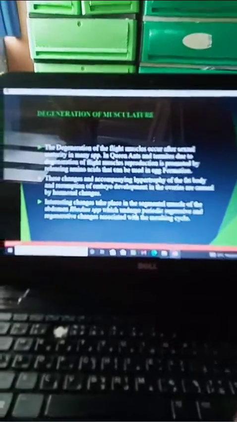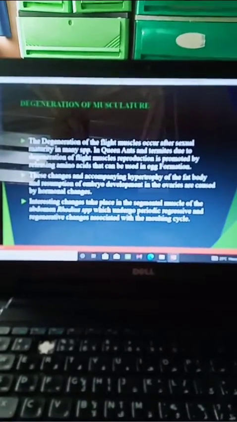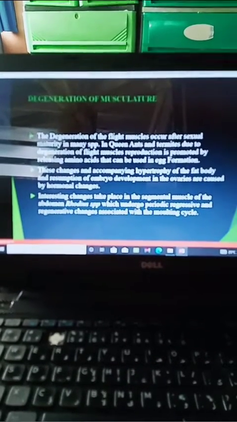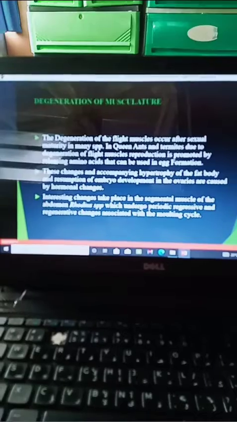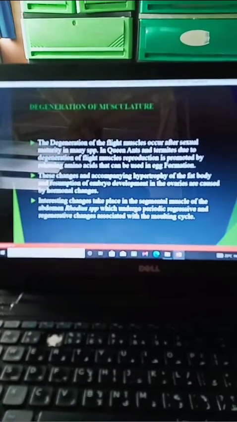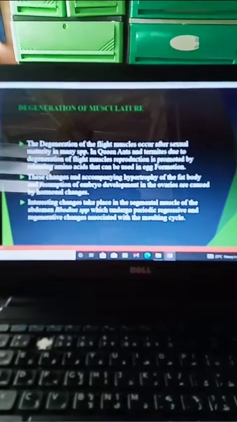Degeneration of musculature. The degeneration of flight muscles occurs after sexual maturity in many species. In queen ants and termites, due to the degeneration of flight muscles, reproduction is permitted by releasing amino acids that can be used in egg formation.